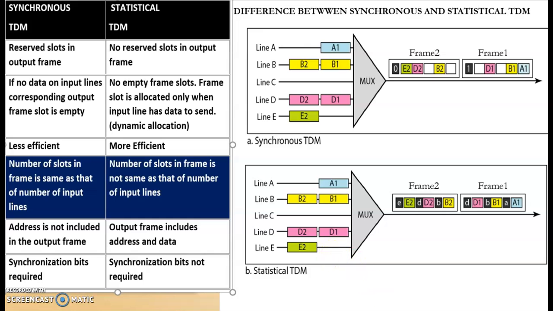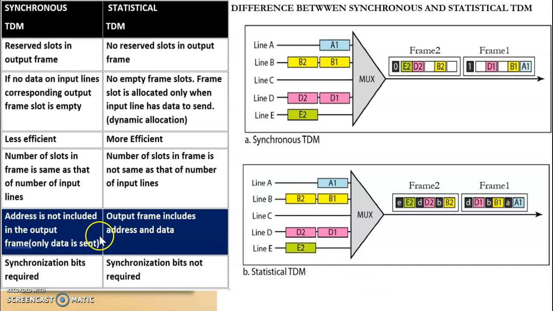The next difference is, in synchronous time division multiplexing, the address is not included in the output frame, only data is sent, whereas in statistical time division multiplexing, the output frame includes the address as well as the data.